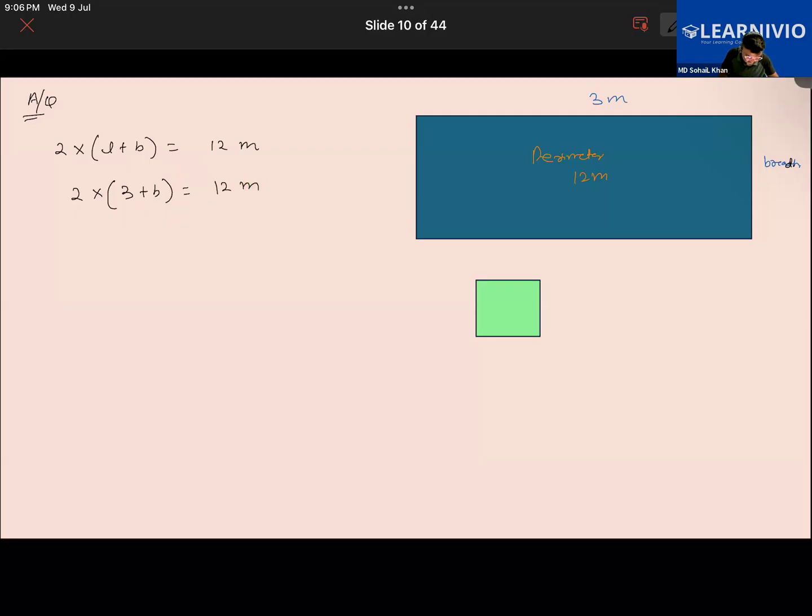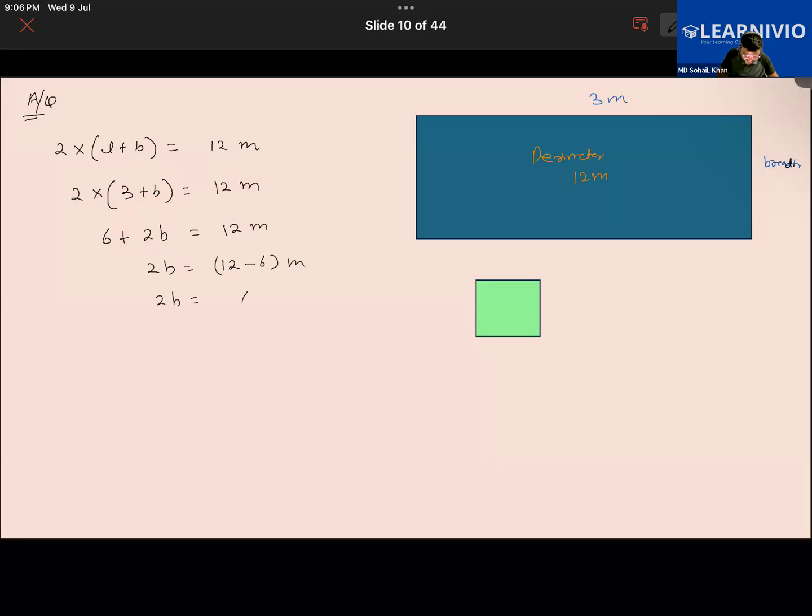Now 2 times 3 will be 6 and 2 times b will be 2b, right? I don't think there should be doubt in this. How I have written 6 and 2b: 2 multiplied by 3 is 6, 2 multiplied by b is 2b. So 6 will be sent to the other side: 12 minus 6 meter.